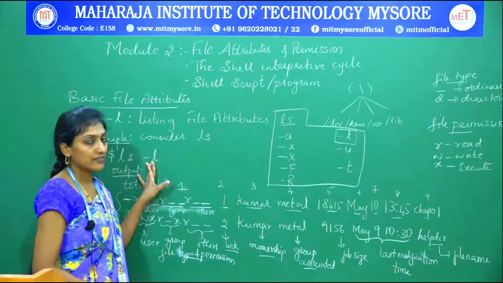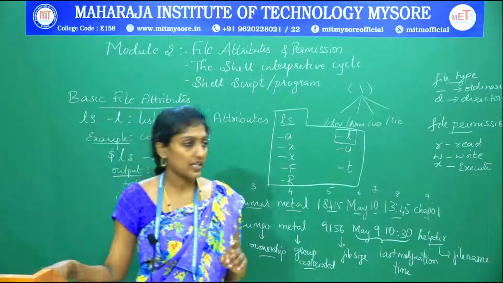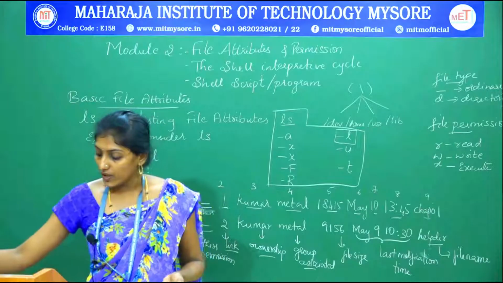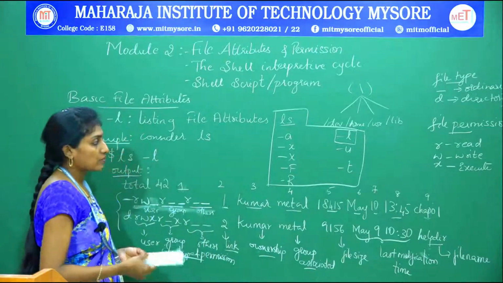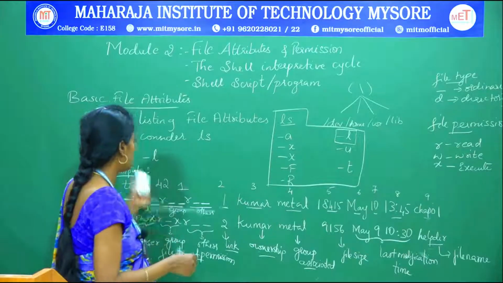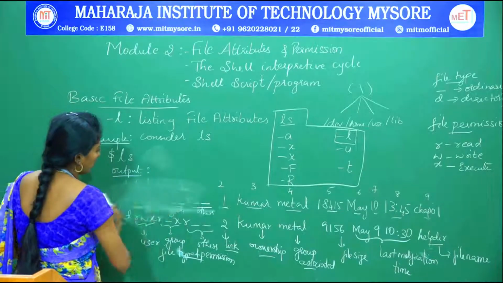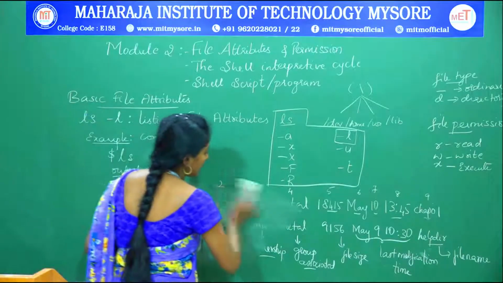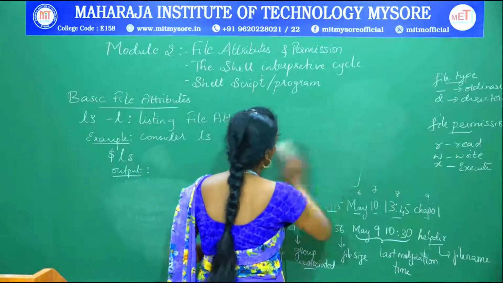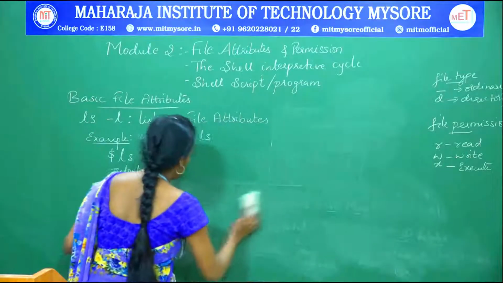So far I have discussed what the ls -l command represents. In the next concept we are going to discuss one of the other options provided with ls, which is the -d option. I am going to rub this and show you the other option of the ls command.